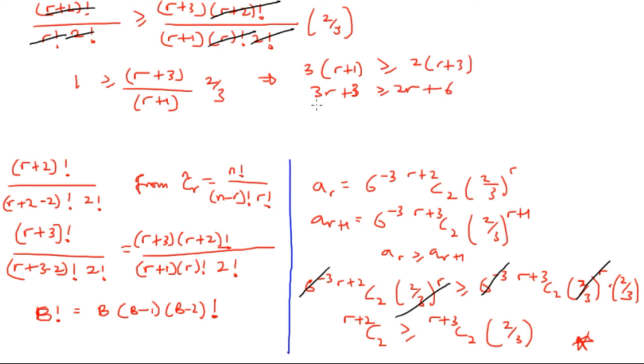Of course, 3r minus 2r is greater than or equal to 6 minus 3. That's r is greater than or equal to 3. So if r is greater than or equal to 3, it means that the maximum coefficient is found. What this actually means is from the point where I assume that a_r is greater than or equal to a_(r+1).